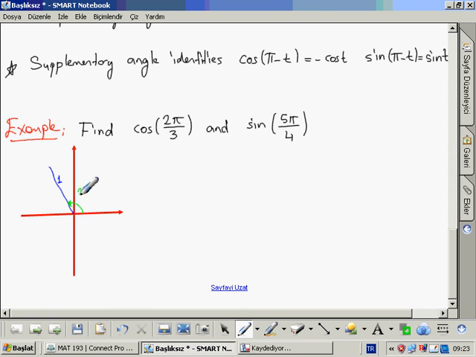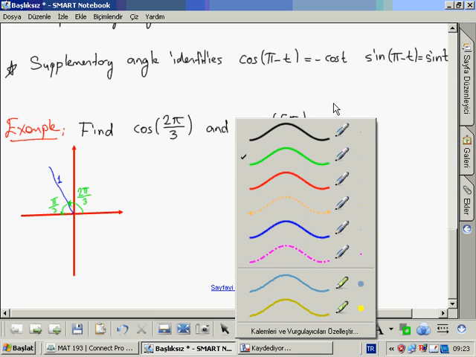This angle is 2 pi over 3, and from the supplementary property, here will be pi over 3.